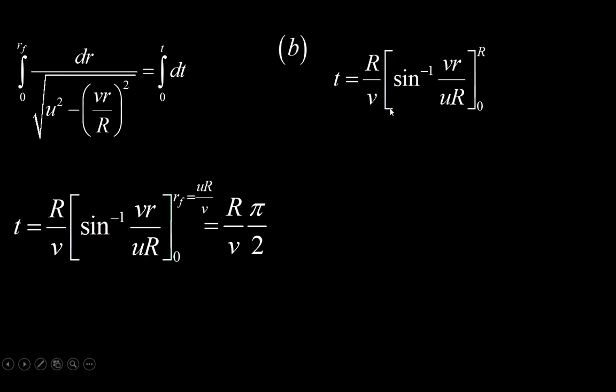So in the second part, we have been asked what the meeting time is. The meeting time occurs when the radius of P becomes equal to the radius of Q. When their radii are equal, and since they are on the same radial lines, they will meet. So just put the value of r as capital R here, because we have to find the meeting time now. And solving, we get the meeting time.